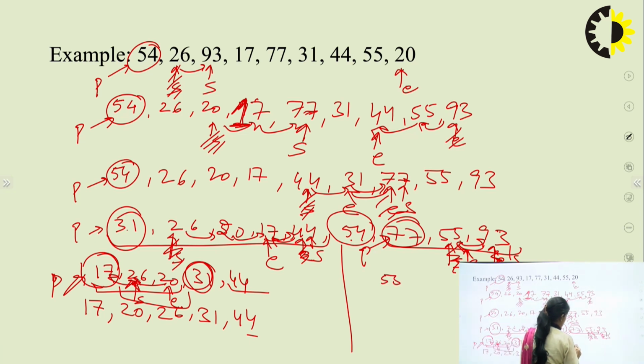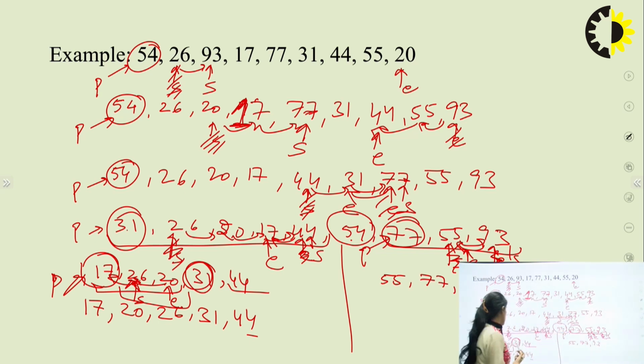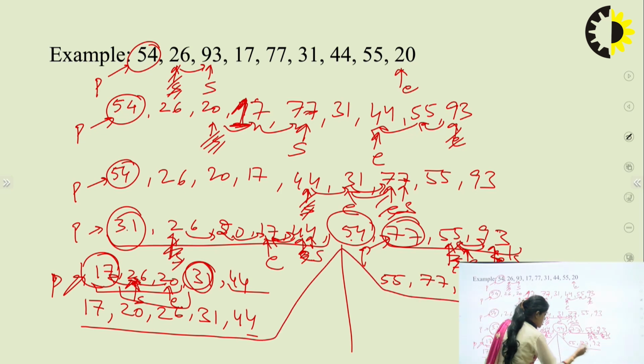This 55 will come here, 77 will come here, 93 will come here. So now you can see this is your complete sorted array: 17, 20, 26, 31, 44, 54, 55, 77 and 93. This is your sorted array.